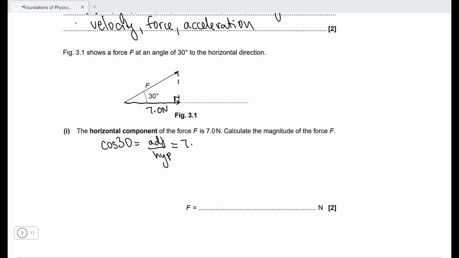Now our adjacent is 7.0, our hypotenuse is F, so this means that cosine of 30 is 7.0 over the force F. So we can just rearrange for the force, which is going to be 7.0 over cosine of 30, which is going to give us 8.1 newtons.